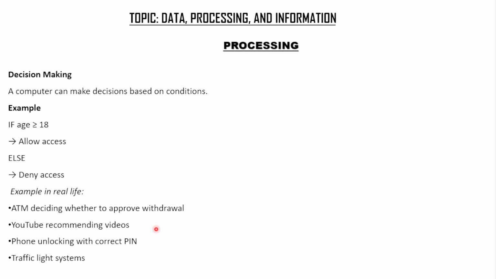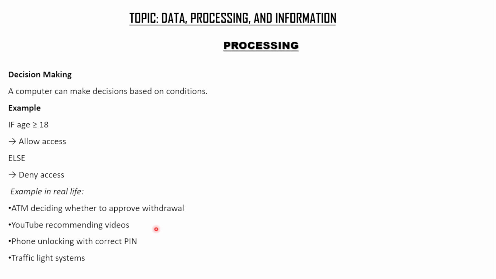So the third type is decision making. Here, the computer checks a condition and then decides what action to take. For example, if your password is correct, access is granted. If it is wrong, access is denied. Even apps like YouTube, TikTok, and Netflix use decision making to decide what content to recommend to you.